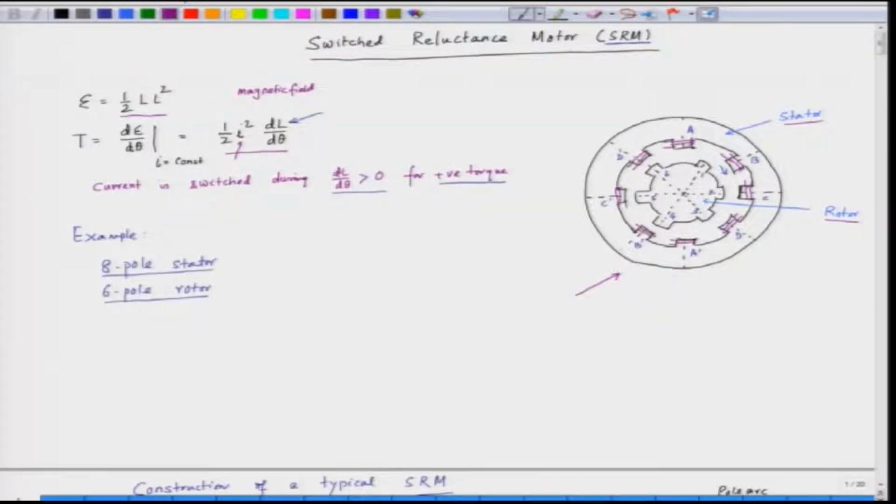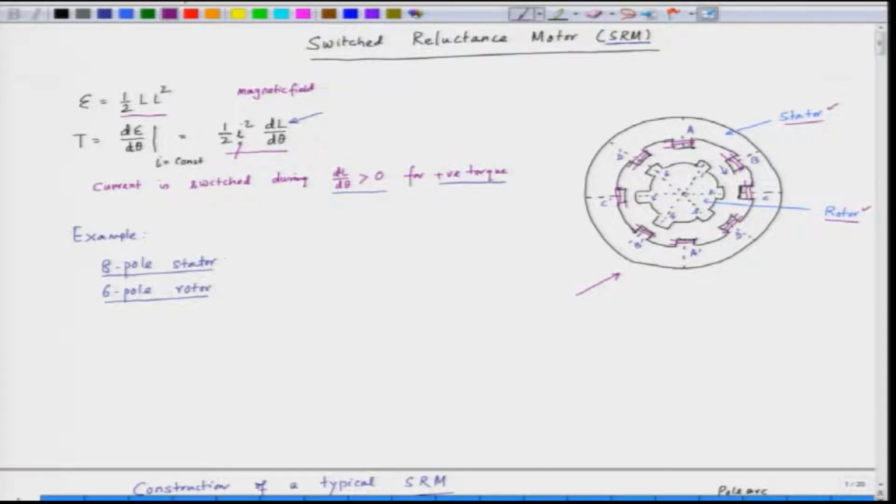So, we have a stator, we have the rotor. The rotor is a slotted rotor, does not have any winding. The stator has got the windings here, and for this example, we have taken an 8 pole stator, A A prime, B B prime, C C prime, D D prime, and a 6 pole rotor, 1, 2, 3, 4, 5, 6, for our understanding.